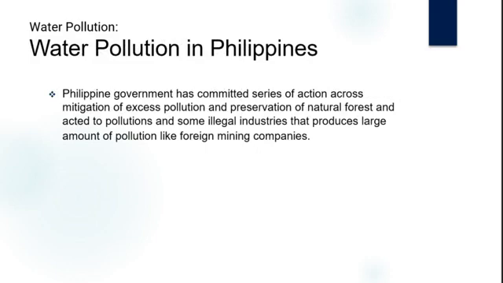Now, water pollution in the Philippines. The Philippine government has committed a series of actions across the nation to mitigate excess pollution and preserve natural forests, and has acted against pollution and some illegal industries that produce large amounts of pollution, like foreign mining companies.